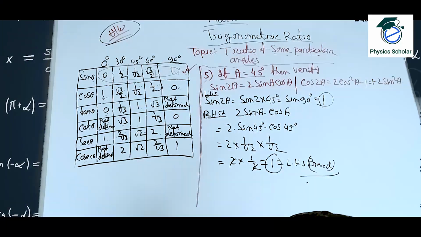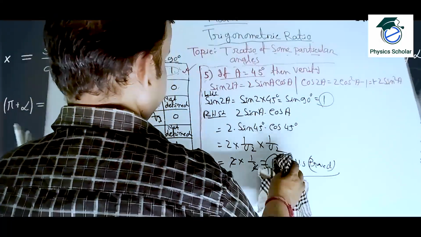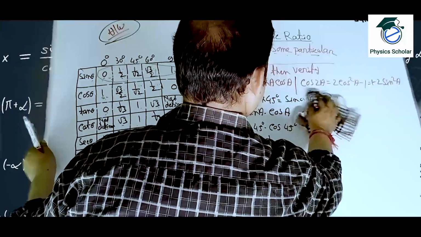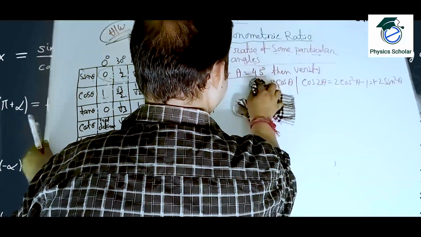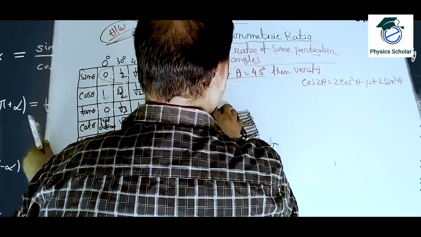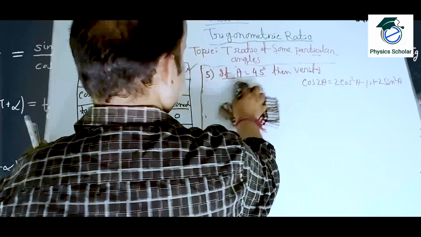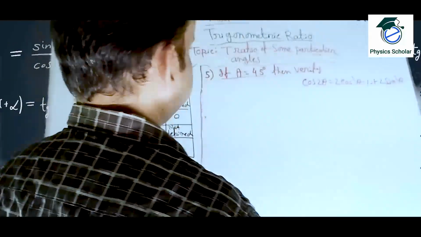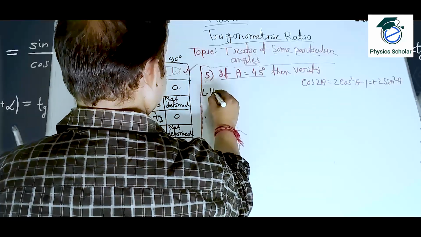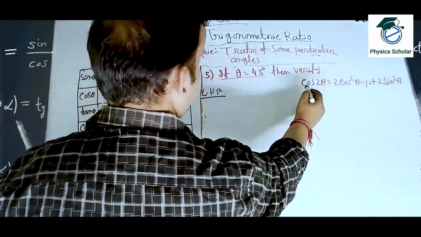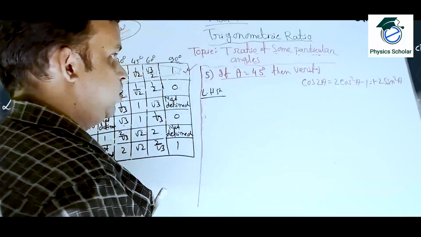Let me rub this. Now I am moving to the second part. First part we have done. Now the second part. Same. So left hand side. That is also a formula of cos 2A, or cos 2 theta.